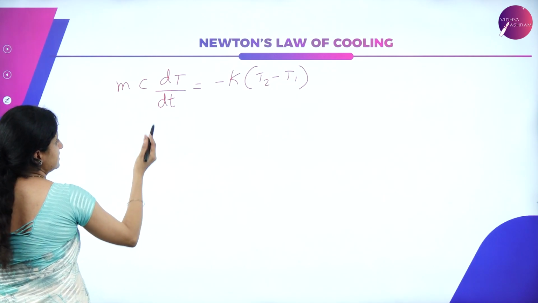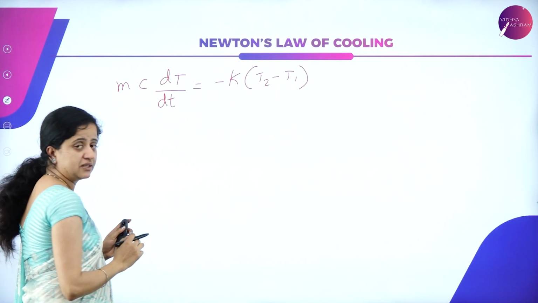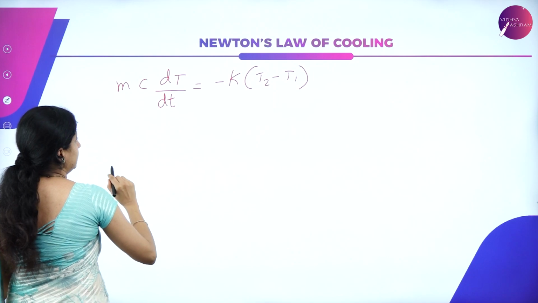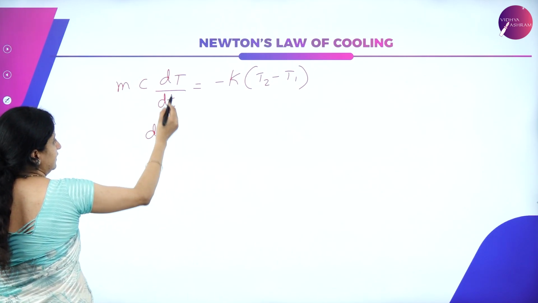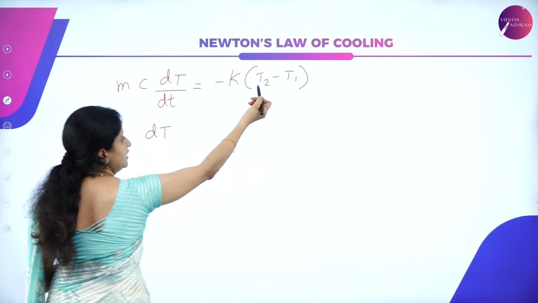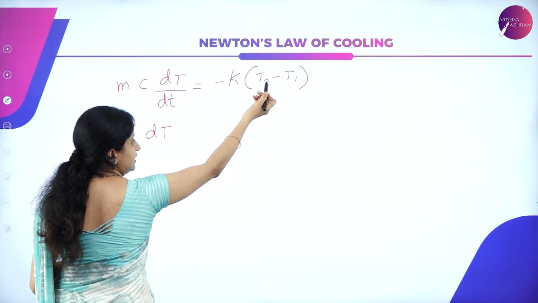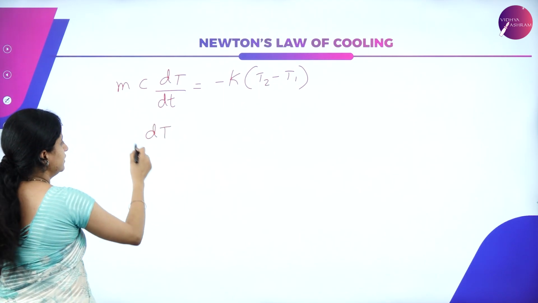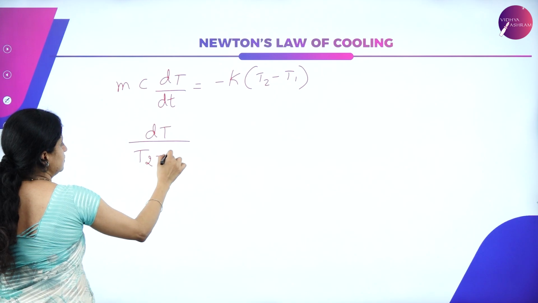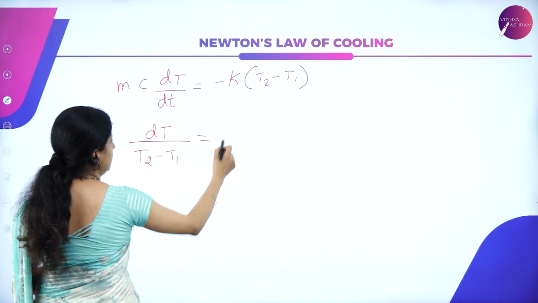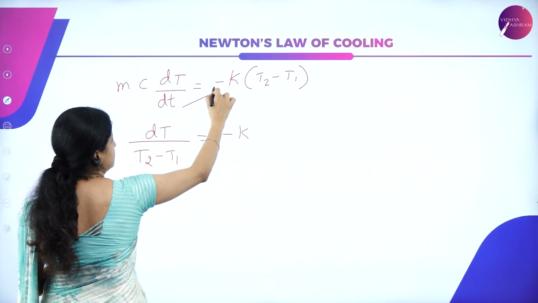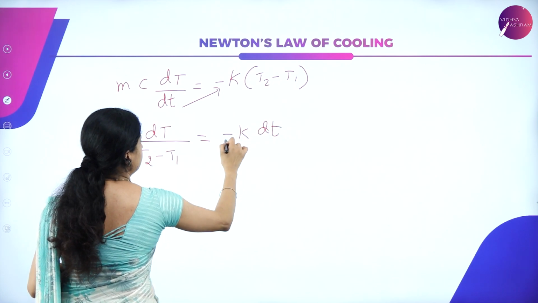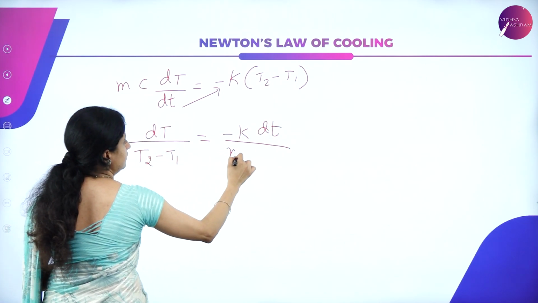Let us now bring all the temperature terms to one side and all the other terms to the other side. I have dT here, a temperature term, and here T2 minus T1 is multiplied with k, and if I transpose it, it comes to the denominator, so dT divided by T2 minus T1 is equal to minus k into dt divided by m into c.